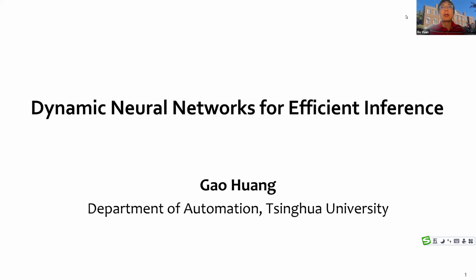And today we're glad we have Professor Huang from Tsinghua University to give us this talk, Dynamic Neural Network for Efficient Inference. Professor Huang is an assistant professor in the Department of Automation at Tsinghua University. He received his PhD degree from Tsinghua University in 2015 and was a postdoc with the Department of Computer Science at Cornell. His research interests lie in machine learning and computer vision.